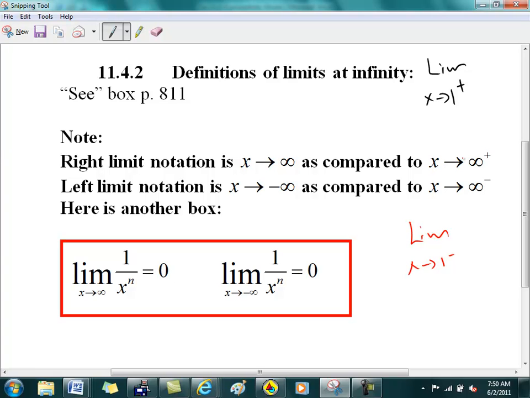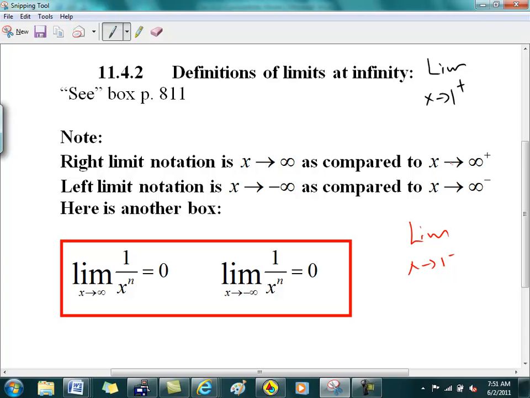It's going from the right of 1, a little bit more than 1. This one is a little bit less than 1. So it's not going to the right, but it's going from the right of 1 towards 1. And this guy at the bottom is going from the left of 1 towards 1.